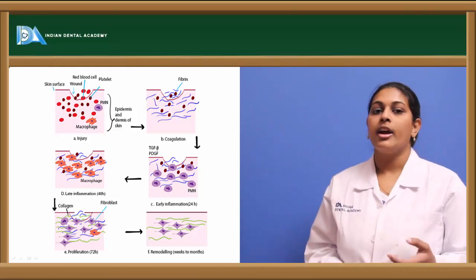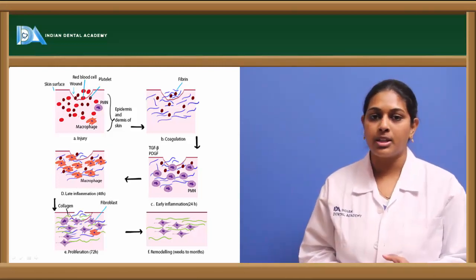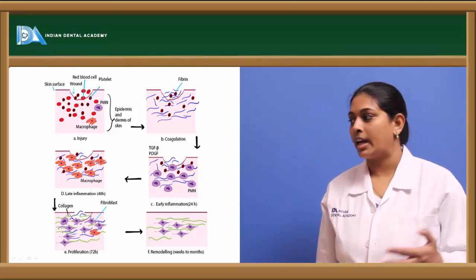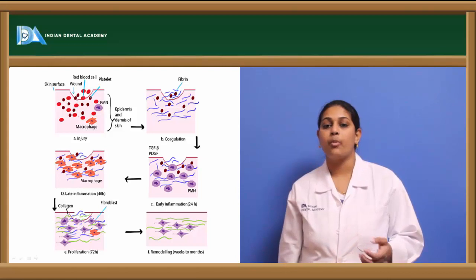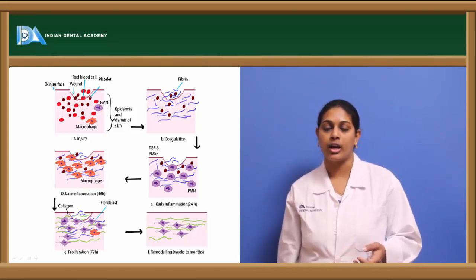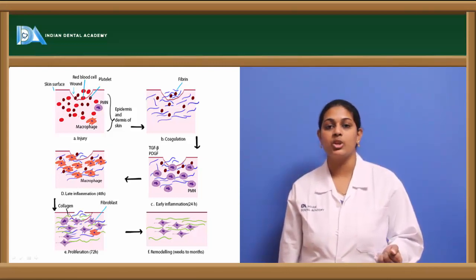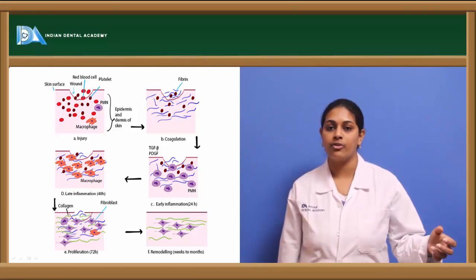Coming to the next phase, inflammation. Inflammation can be divided into early inflammation and late inflammation. In early inflammation, the first line of cells, the polymorphonuclear neutrophils, are the cells which first reach the site of inflammation.